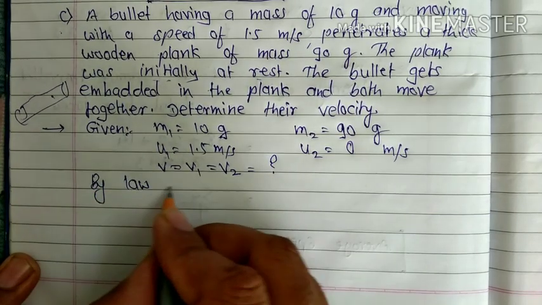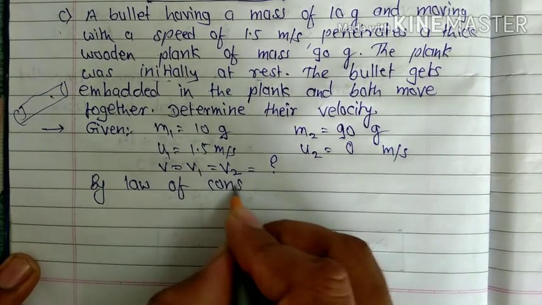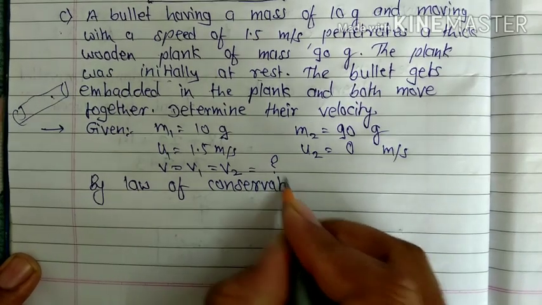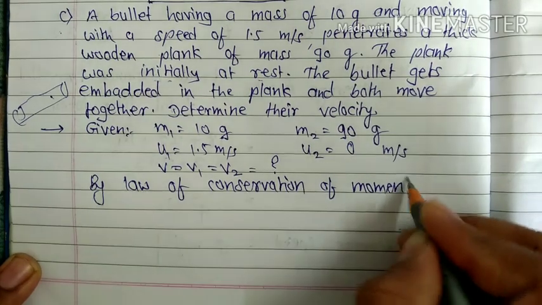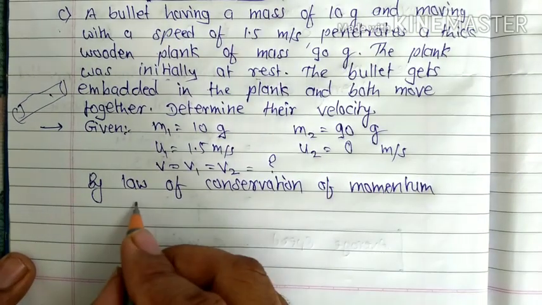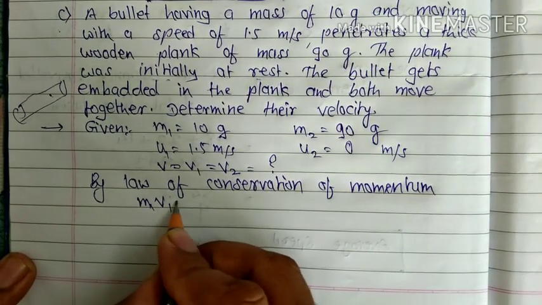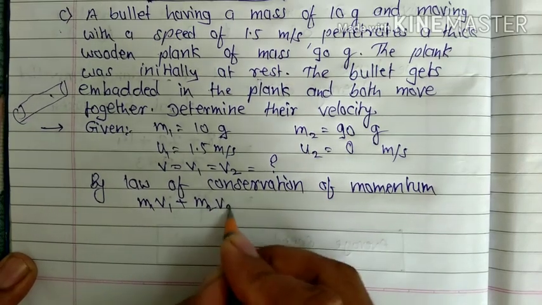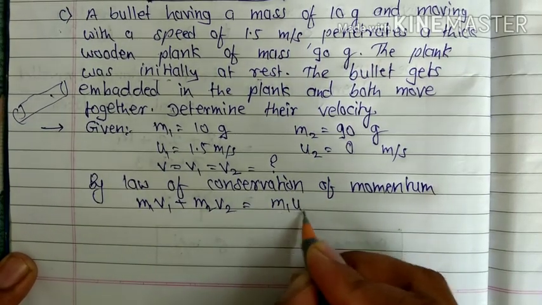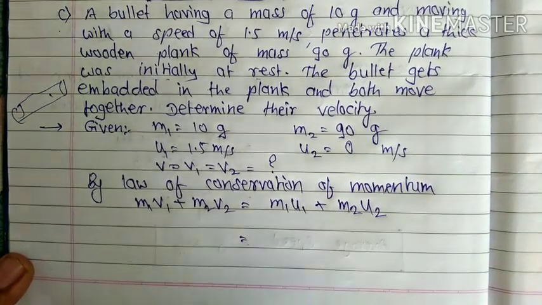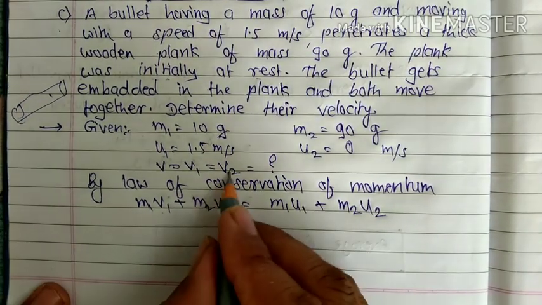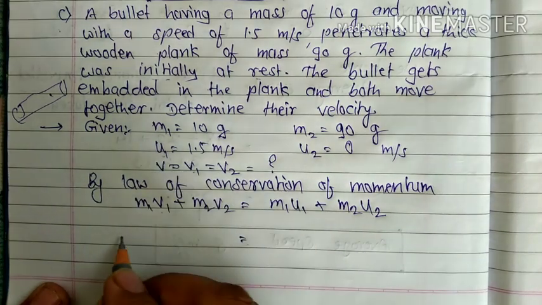Okay, now by law of conservation of momentum. What is the law of conservation of momentum? m1 v1 plus m2 v2 is equal to m1 u1 plus m2 u2. v1 v2 दोनों सेम है, उसके जगह पे हम लोग v लिखते हैं.